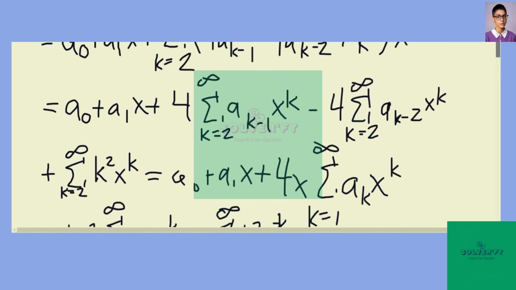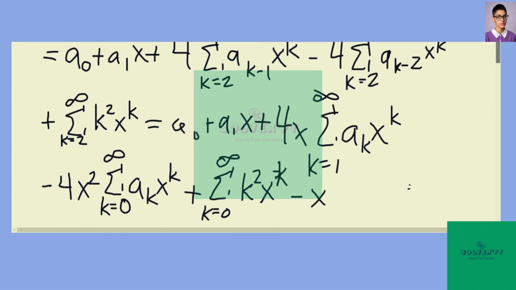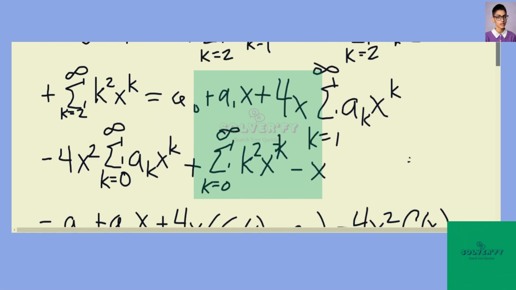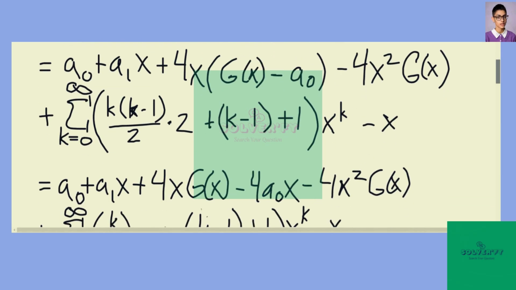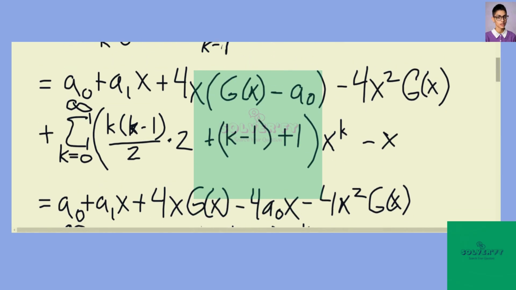I might have made a mistake here, so going back, over here this says k = 1 to infinity. This is simply from k = 1 to infinity.